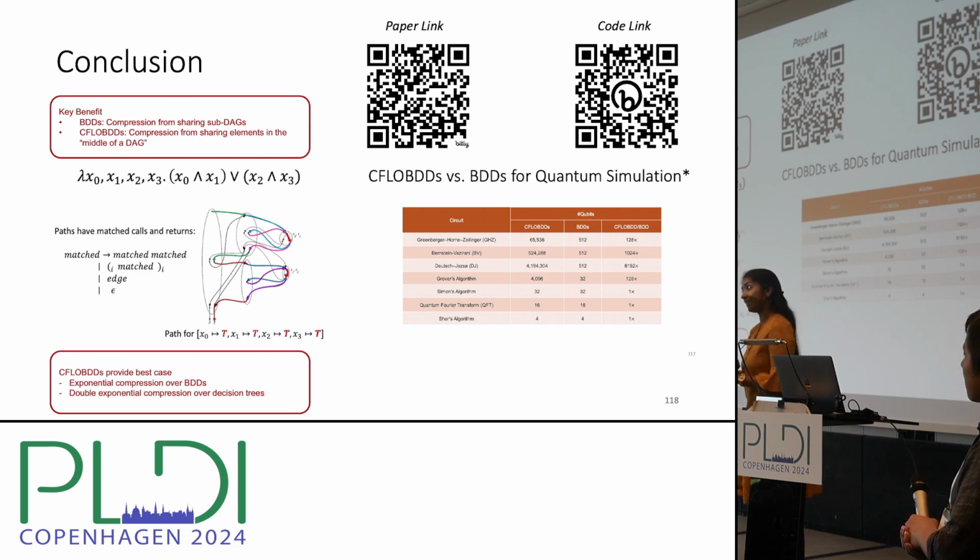The second point is, I think it's also because of the implementation details. In the last few months, we improved the implementation for CFLOBDDs, and we hope to try those again and see if it's actually the structural constraints or if it's the implementation.